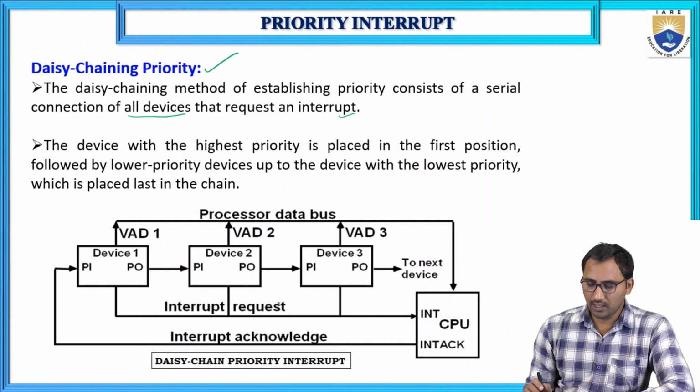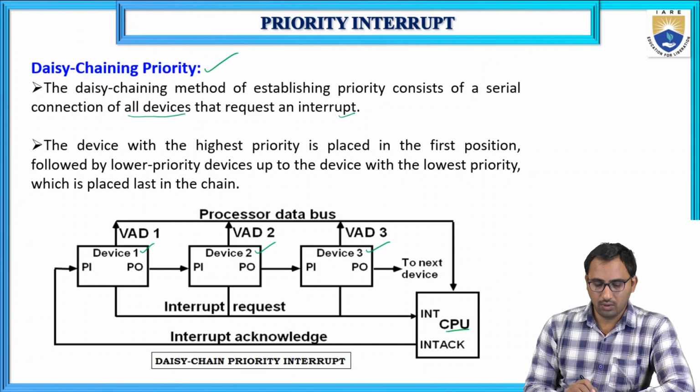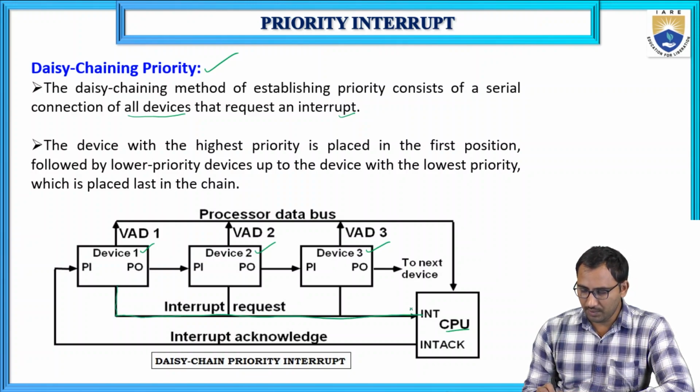Here you can see we have a CPU, and for simplicity we have taken three devices: device 1, device 2 and device 3. Suppose device 1 generates the interrupt request, then this line will be active.